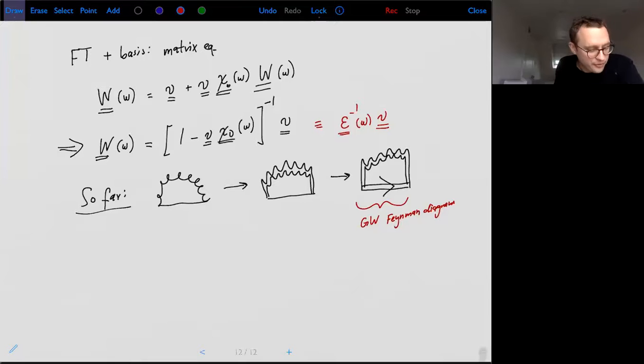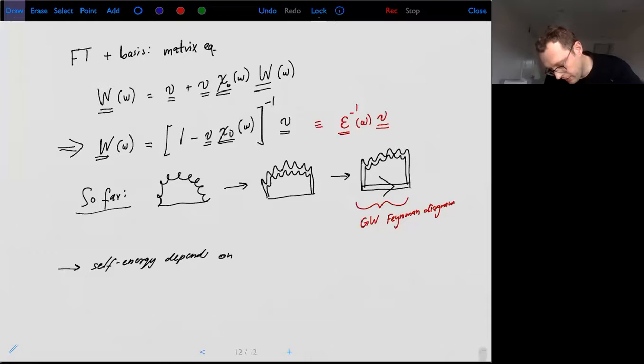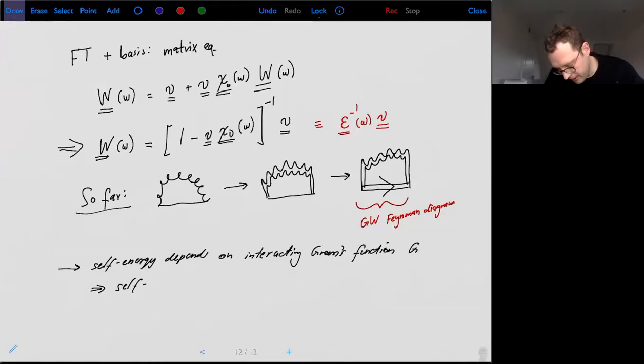And another way of phrasing this is that this introduces a self-consistency requirement. So the self-energy depends on the interacting Green's function G, which then basically means that we have to solve this Dyson equation self-consistently in practice.